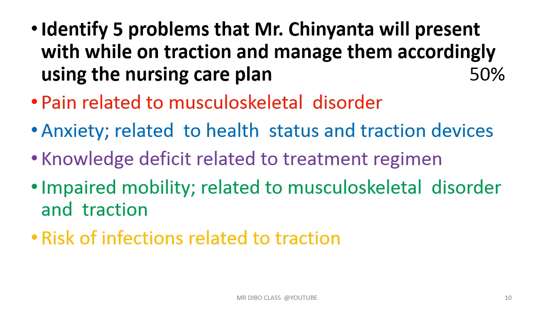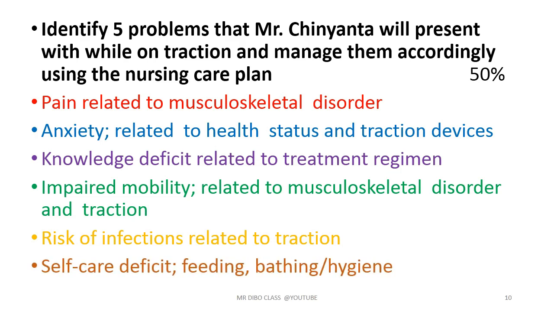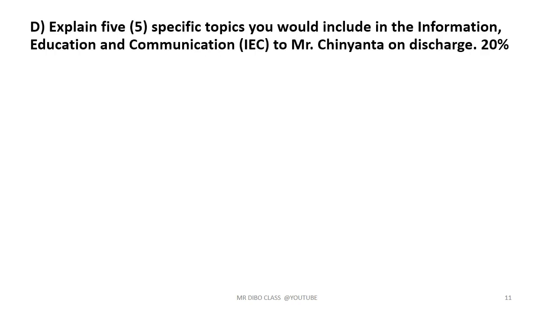Then impaired physical mobility, related to musculoskeletal disorder and traction; and risk of infection, related to traction. Remember, it's skin traction, so risk of infection. Then self-care deficit: the patient will be failing to manage themselves, especially when it comes to feeding, bathing, or other hygiene-related practices.